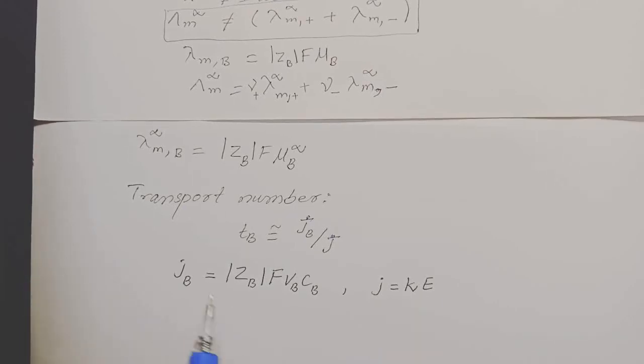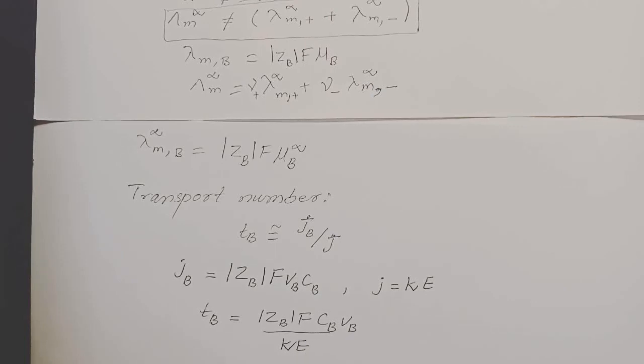So on account of these two values, the transport number for species B is written as the valency of species B into Faraday's constant, concentration, drift speed over specific conductivity into field strength.